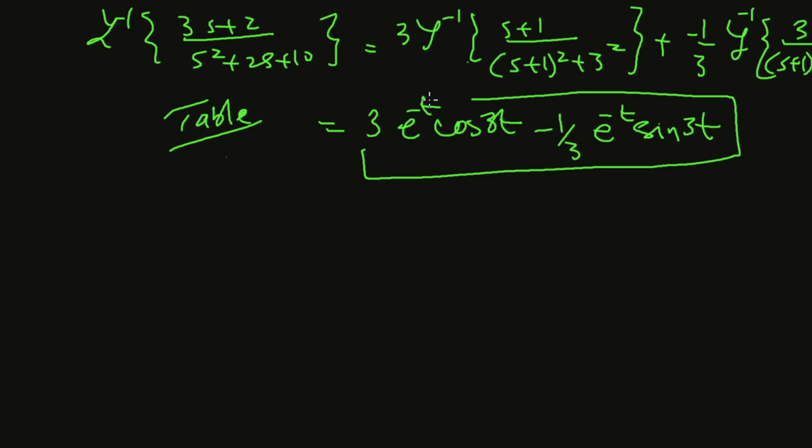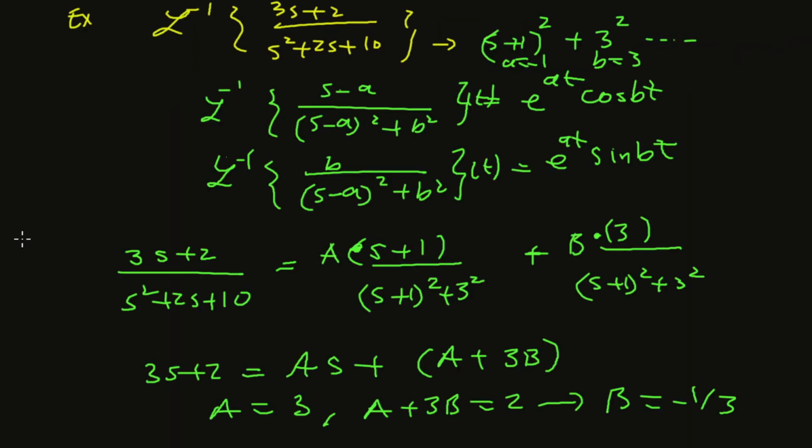It's just that we know based on the table, so I'll go back to that. This is just from table knowledge that if you have this, you're running into that or that. But we have this 3s plus 2, so let's set it up with some coefficients and see if we can come up with them, but they end up being easy to find and come up with the solution.